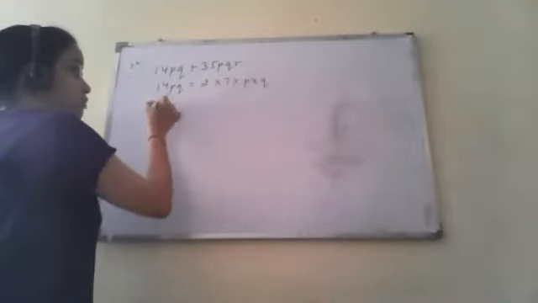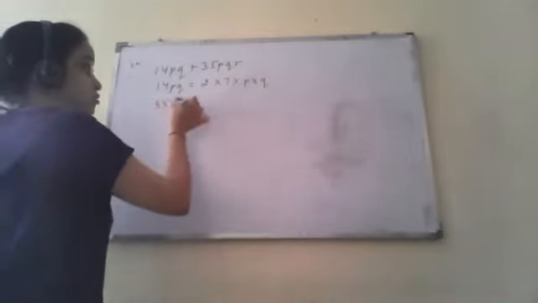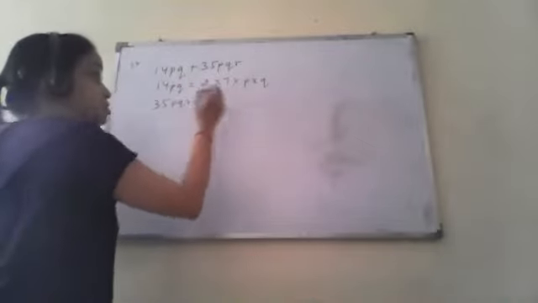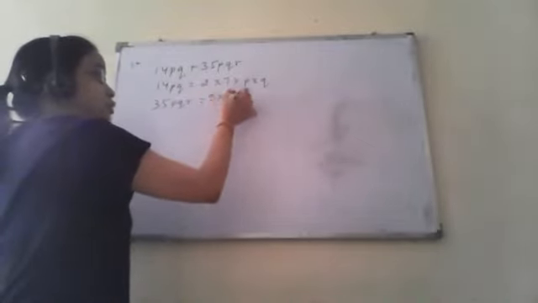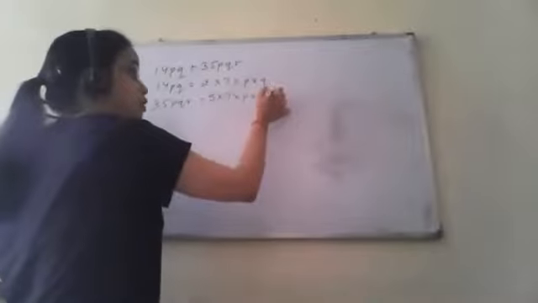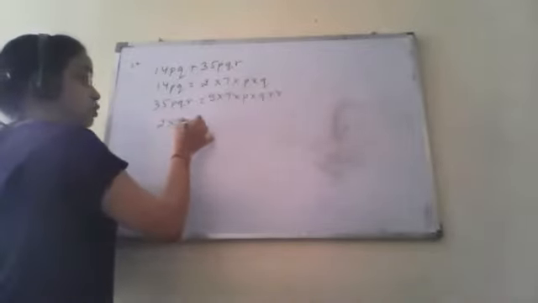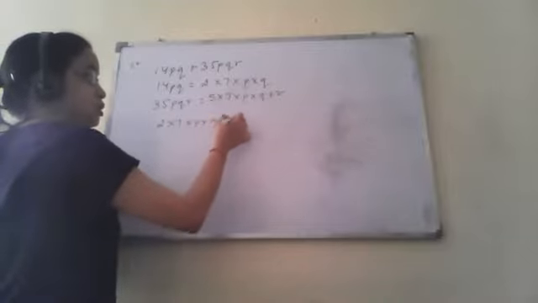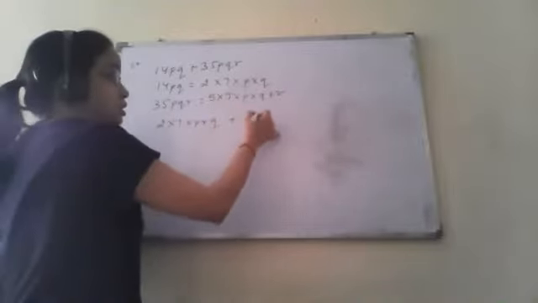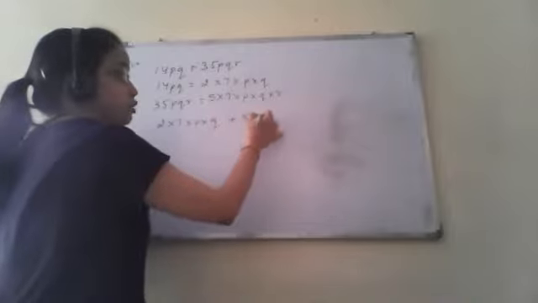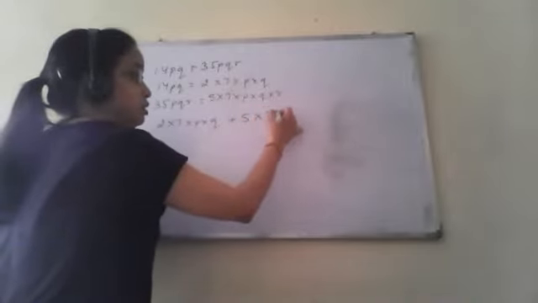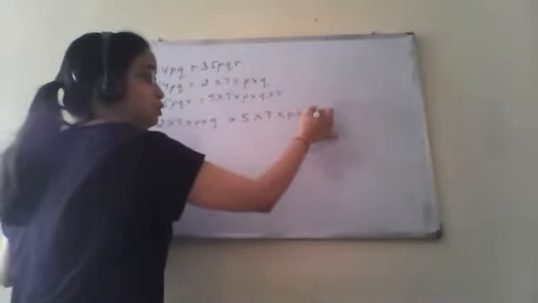And 35pqr can be written as 5 into 7 into p into q into r. Now this is 2 into 7 into p into q, plus 5 into 7 into p into q into r.